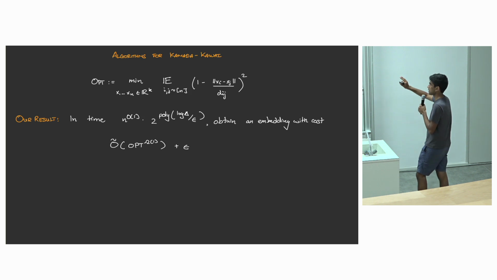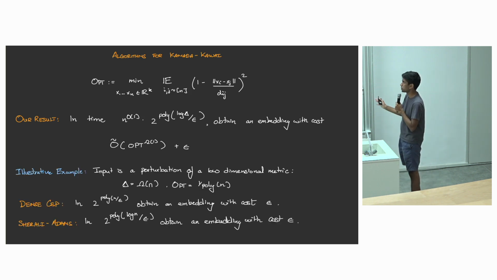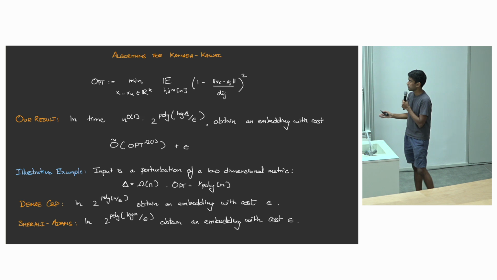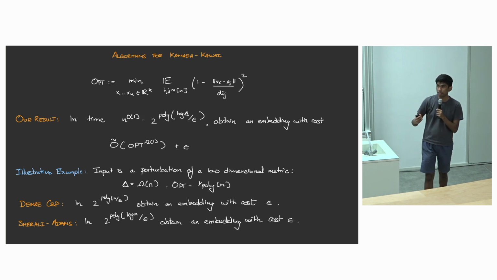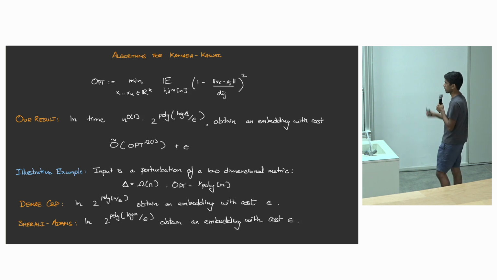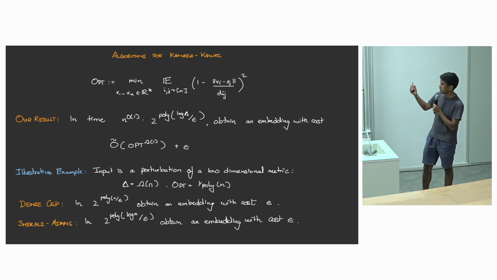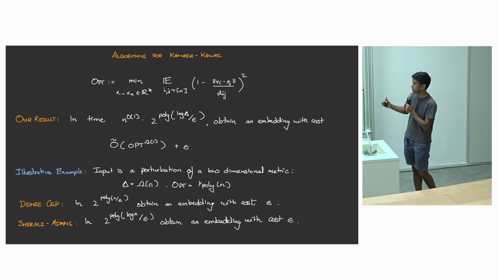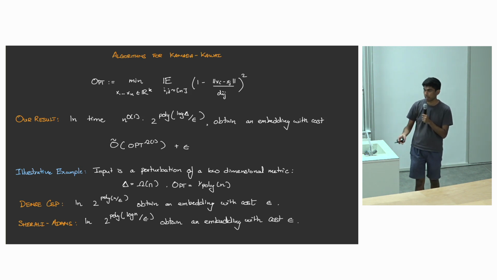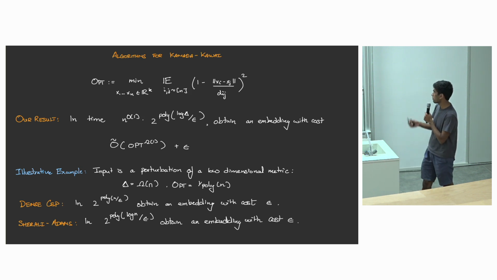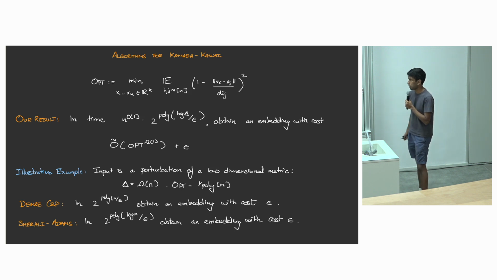As a concrete example of why this running time could be much better, think of the setting where the metric you have actually comes from a true low-dimensional metric. So I have a bunch of points in R4. In this case, the aspect ratio delta is actually going to be omega n if I have n points. But maybe I perturb these points by a little 1 over poly n amount.